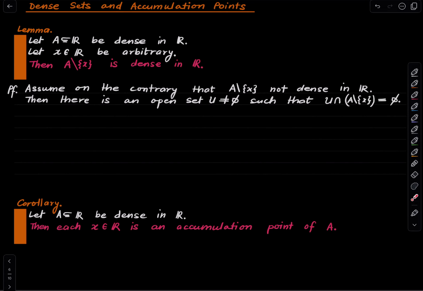What is happening? If this is not dense, it should miss an open set. It should miss a non-empty open set. That's exactly what we have written.